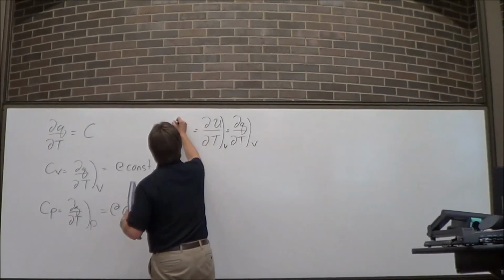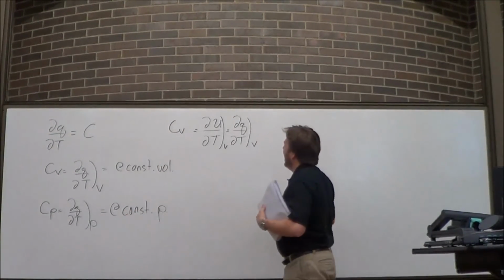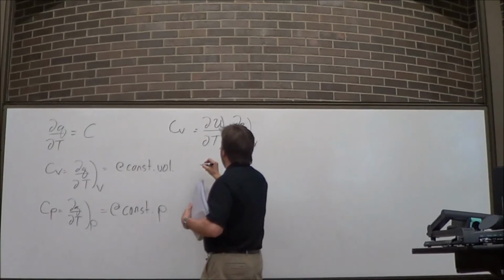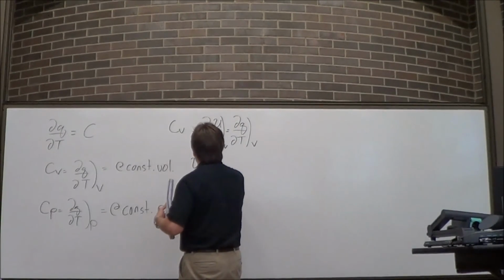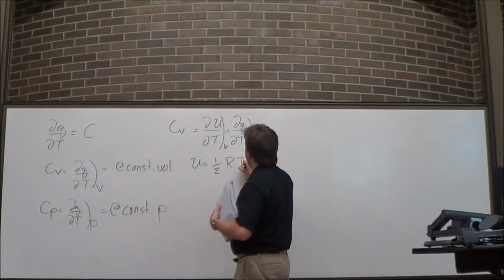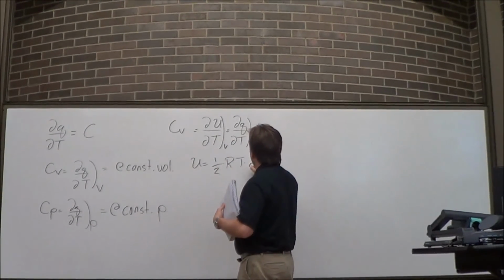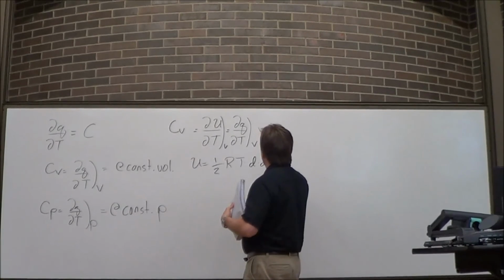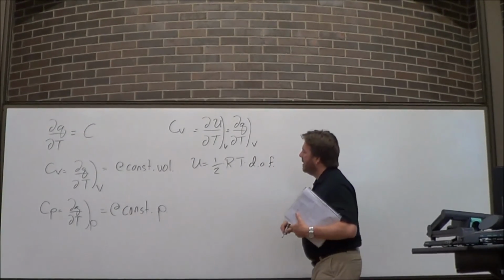Sorry, I'm not writing very well today. And since we have this definition of U via the equipartition theorem, that's one of those things we have to remember: degrees of freedom. So I'm going to just abbreviate that.